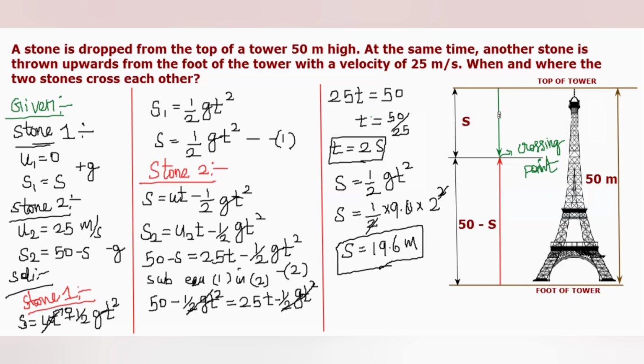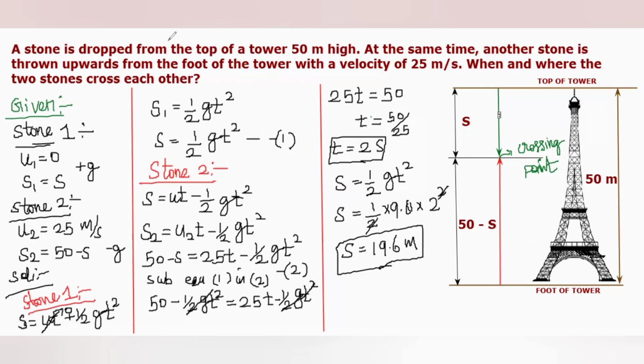In another way, the two stones cross each other at a distance of 19.6 from the top of the tower. If you want to mention it from the foot of the tower, that will be 50 minus 19.6.